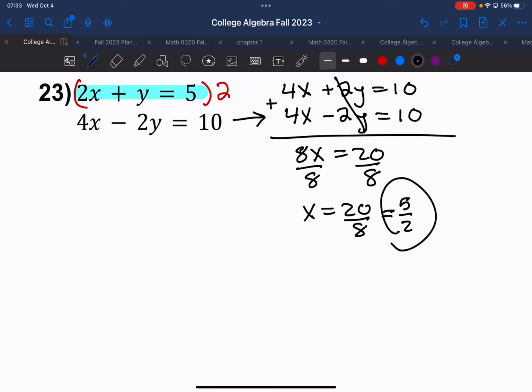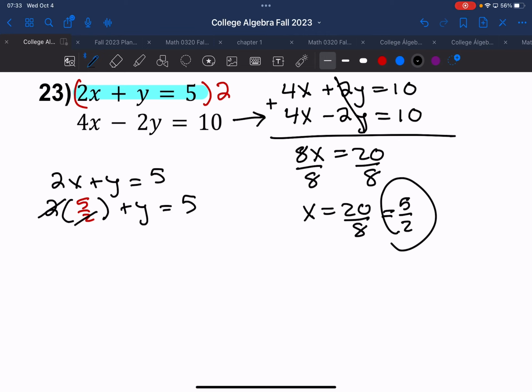Okay, so you guys said top one? So we have 2x plus y equals 5. Instead of x, I'm going to be putting 5 halves. So 2 times 5 halves plus y equals 5. 2 times 5 halves gives us what number? 5.